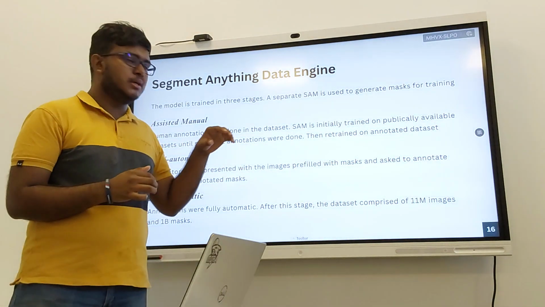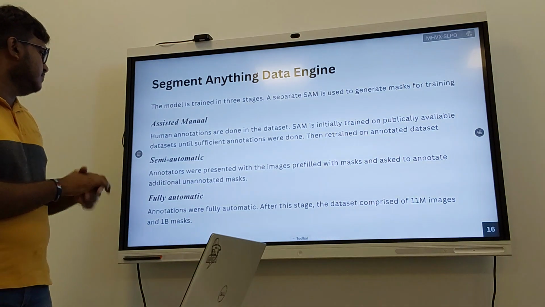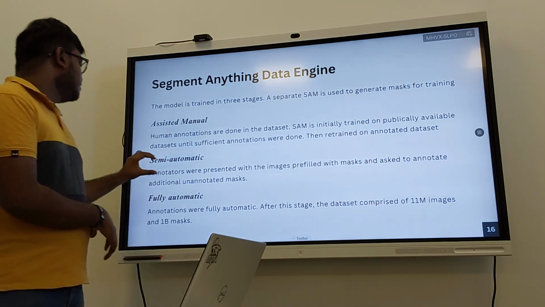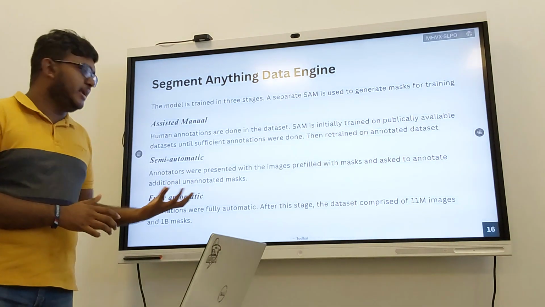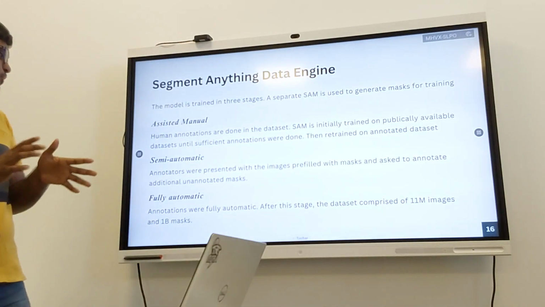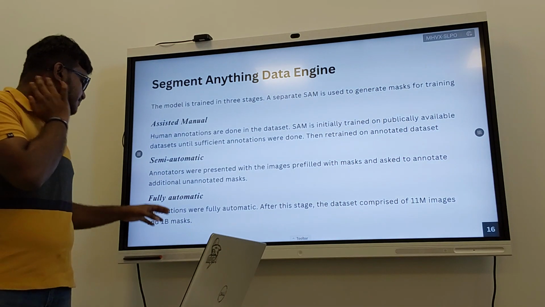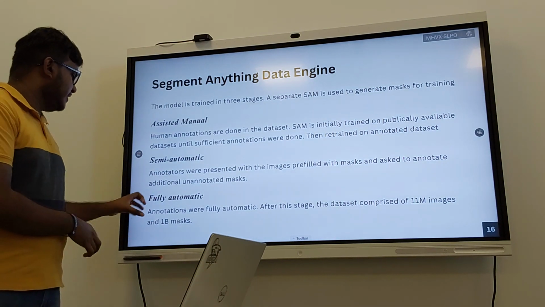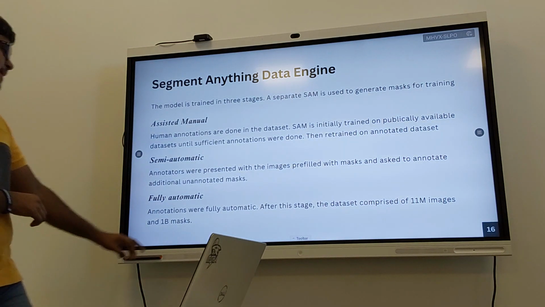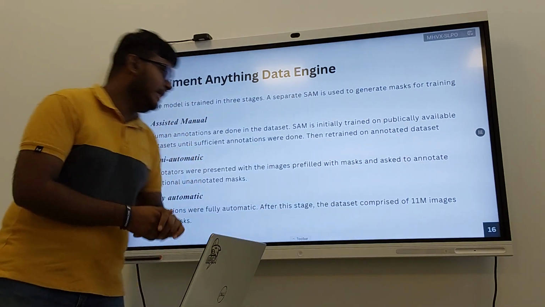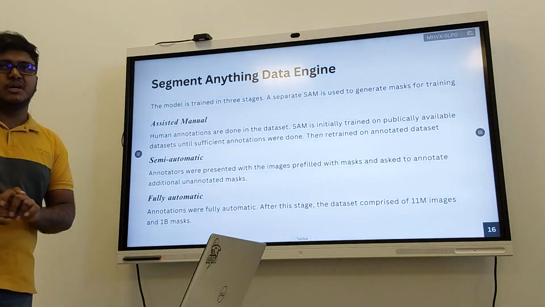Finally, in the fully automatic stage, no annotators are used. Only the model generates all the data, and with these 3 stages they have achieved 11 million images with over 1 billion masks.